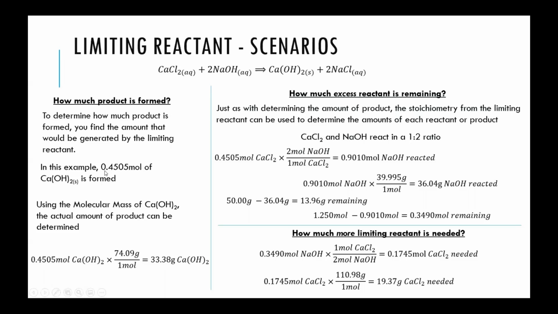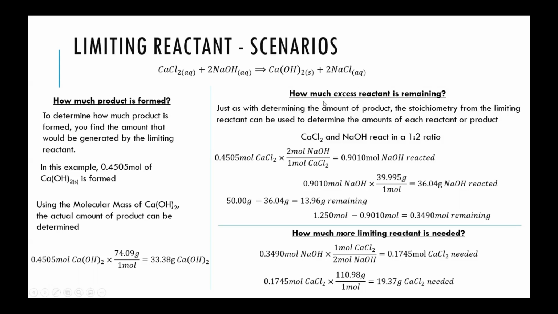So in this case, you have 0.4505 moles of calcium hydroxide. And then using the molecular mass, you can convert moles back into grams. So in this example, when you combine 50 grams of calcium chloride and 50 grams of sodium hydroxide, you will end up with a total product of 33.38 grams of calcium hydroxide as a solid product.